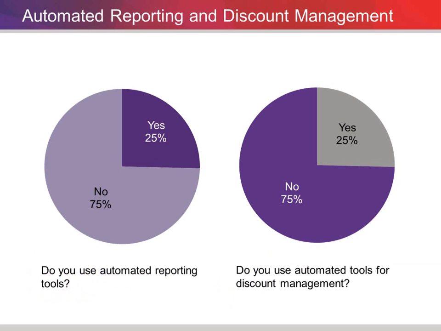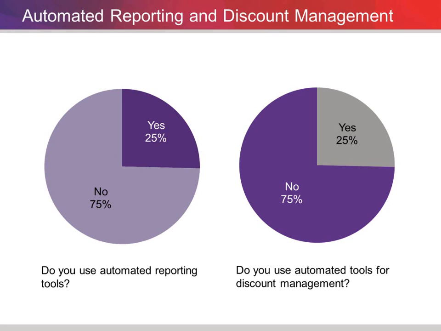When we looked at the results of the early users of our maturity model, what we found is many of them were indeed already using some tools for automated reporting and discount management. 25% in both cases were already using some automated reporting and discount management tools.